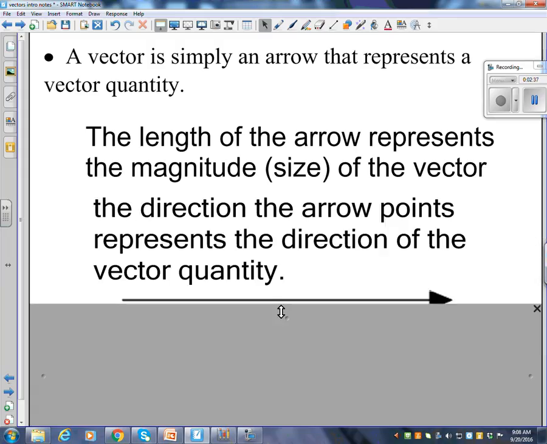And the direction that the arrow points represents the direction of the vector quantity. So again, the arrow, the vector, is simply a model for something somewhere else, something that we can't describe, something too big. It's a way to represent it.